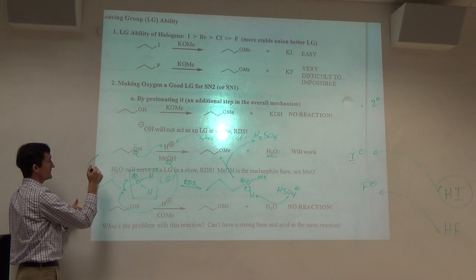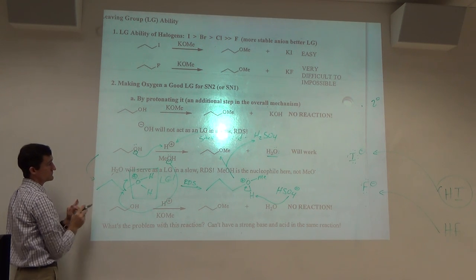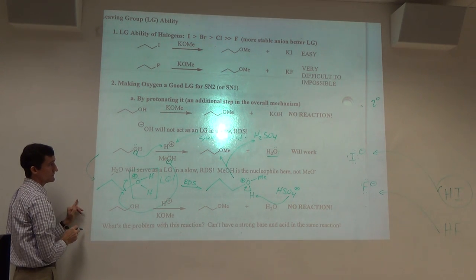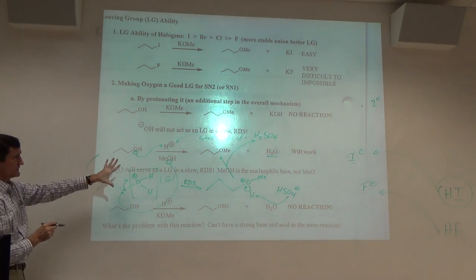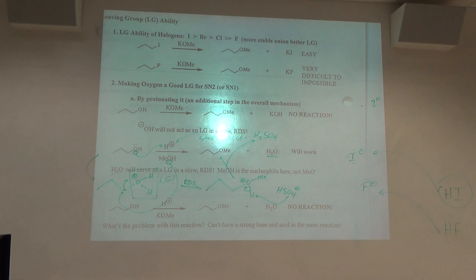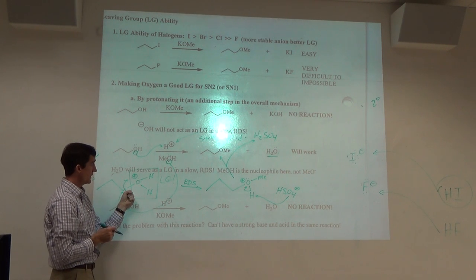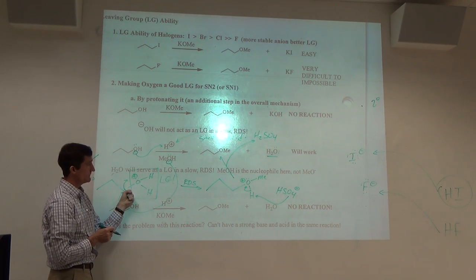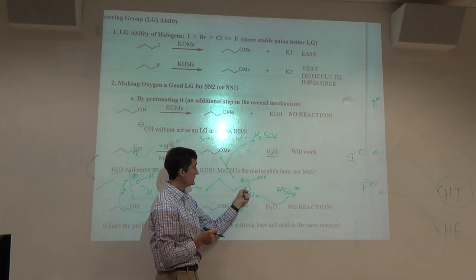This is an activation step. How many intermediates in this mechanism that we showed? 2. It's protonated OH, and then we protonated here. 2 intermediates.